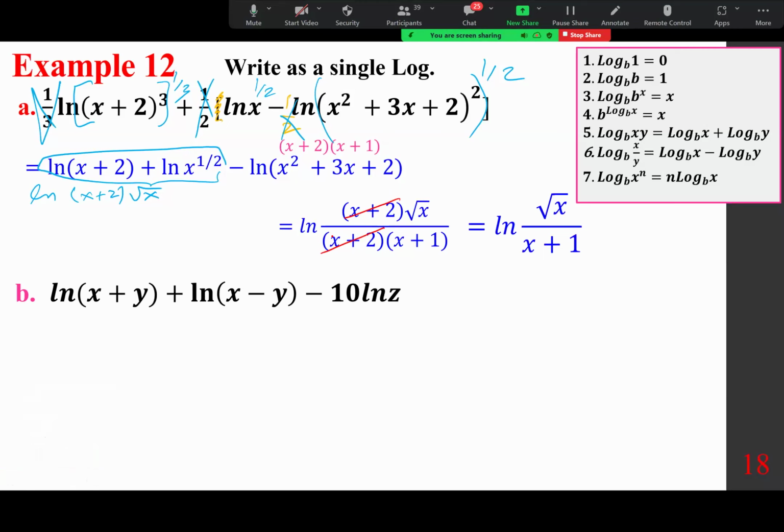Ln of x plus y plus ln of x minus y minus 10 ln z. First and foremost, I'm going to make this z to the power of 10.